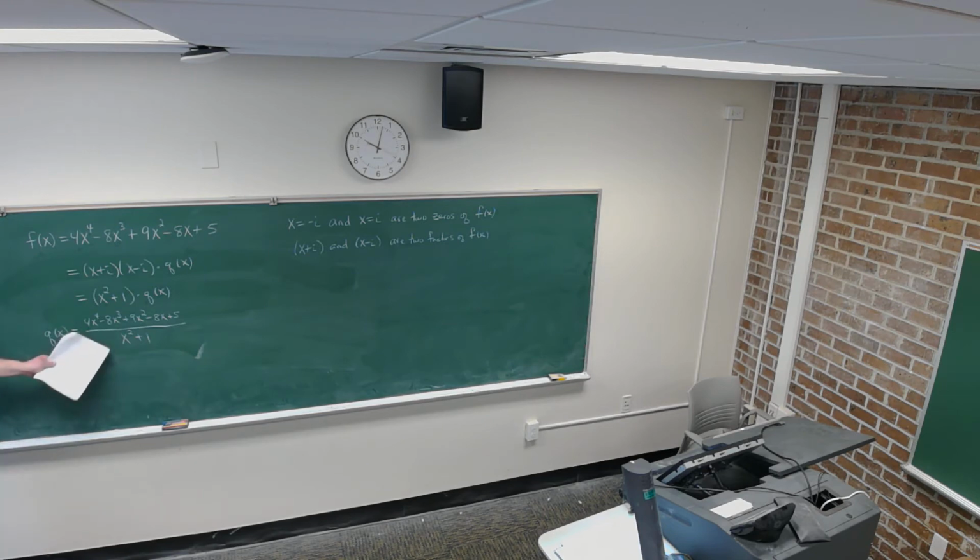Can we use synthetic division to do that division? The answer is no, because that's not linear in the denominator. That's x squared. So what kind of division do we have to use? Long division, right?